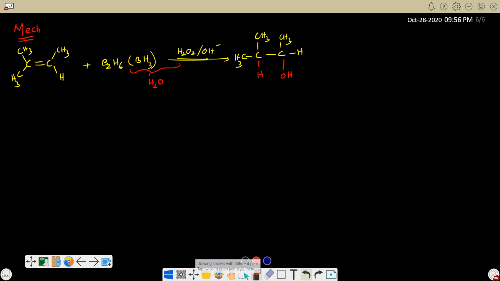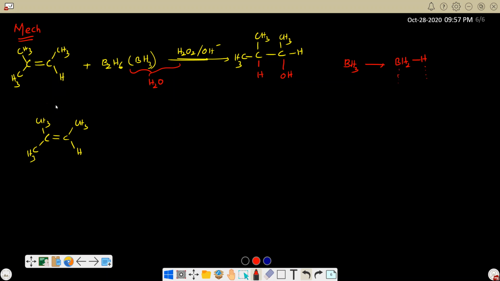If I start the reaction in terms of mechanism, suppose here the double bond is there, with CH3, CH3, CH3 and H. B2H6 you can write like this, or BH3 you can write as BH2 bond H. First boron attacks, then one hydrogen attacks, and they attack from the same side.